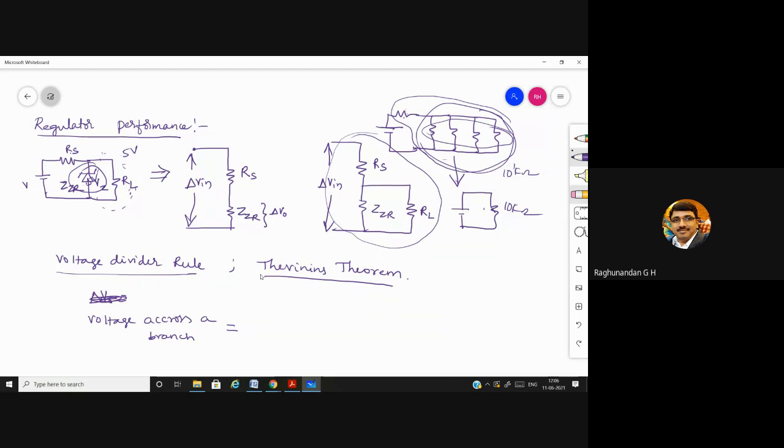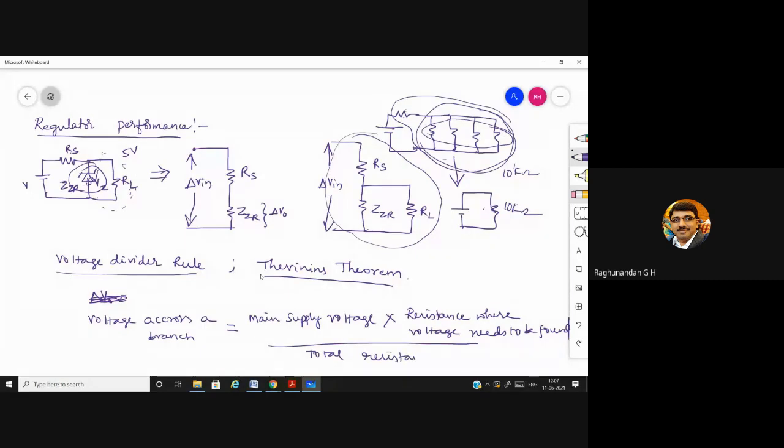But in order to understand how we have written it, you can write these wordings: voltage across a branch is equal to main supply voltage into resistance where voltage needs to be found, divided by total resistance in that circuit.